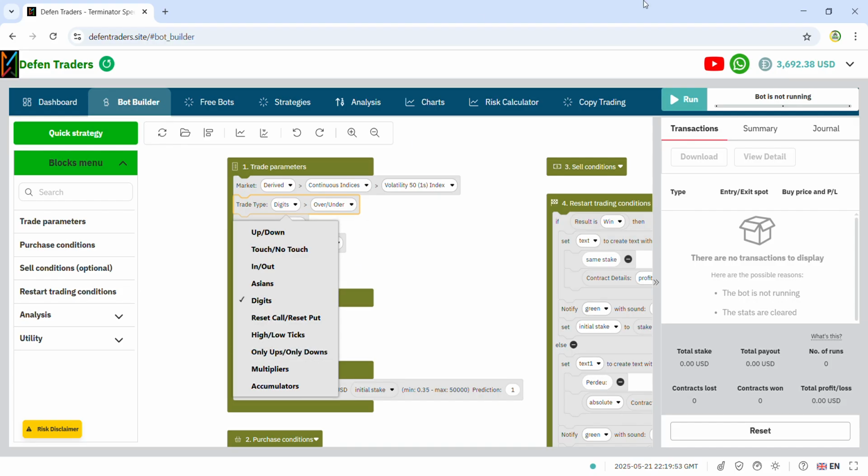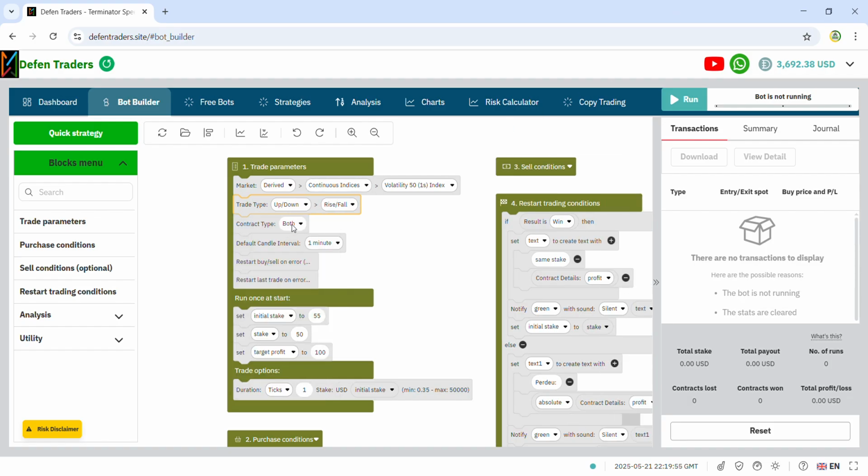When you click on the up and down, you can see the market type that pops up. It's a rise and fall. On this arrow facing downwards, once you click on it, you can see different options on up and down. We have rise equals, fall equals, higher, lower. So pick, let's say, the rise and fall.